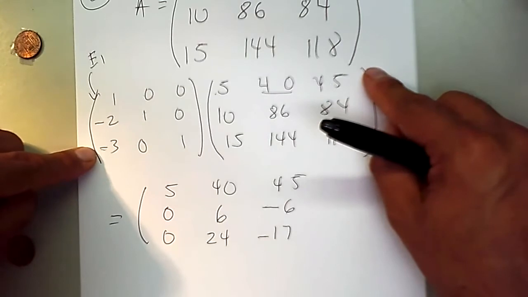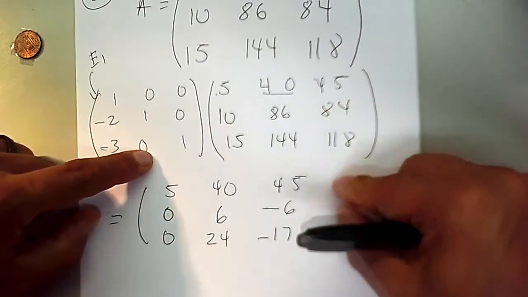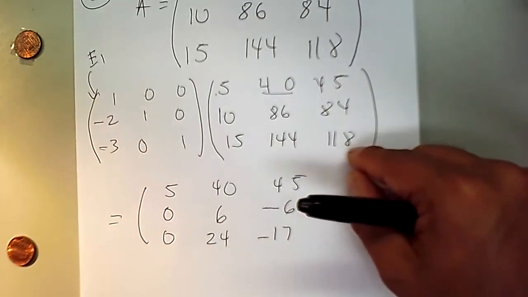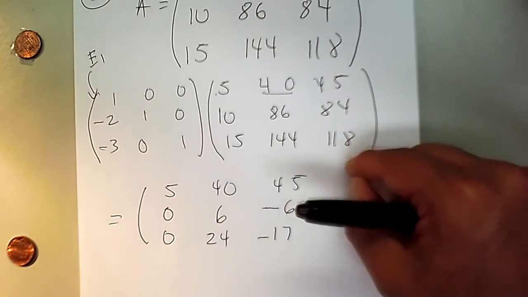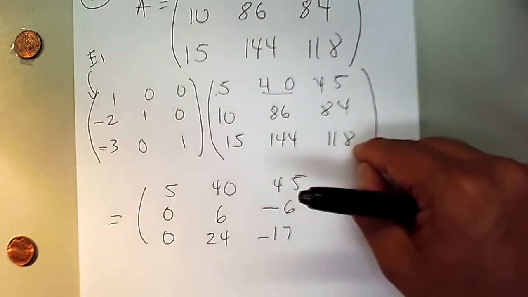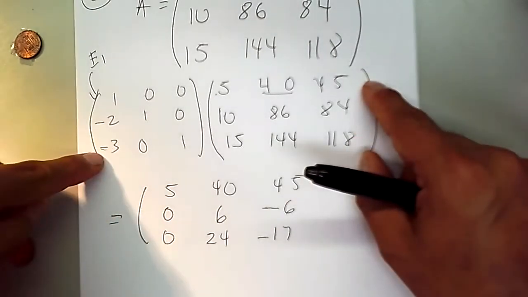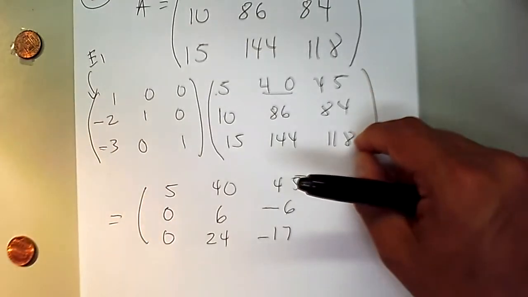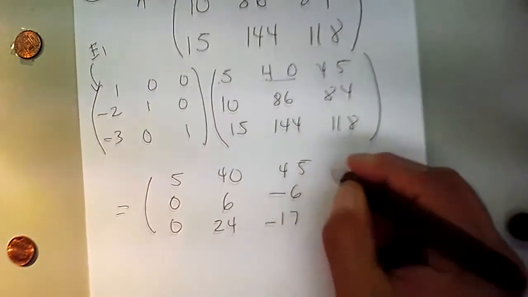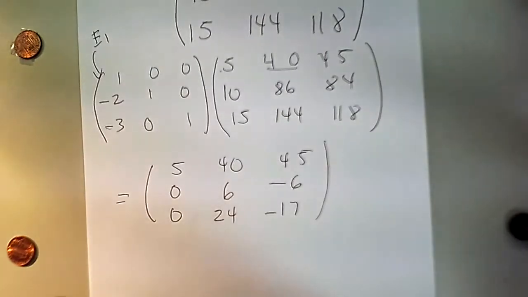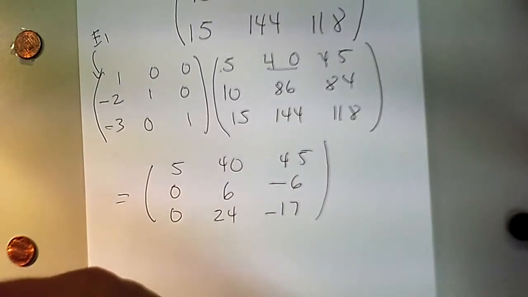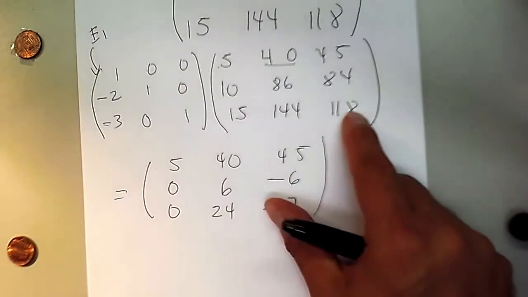Negative 135 plus 118. Negative and a positive, but the negative is bigger. Yeah, that should be it.